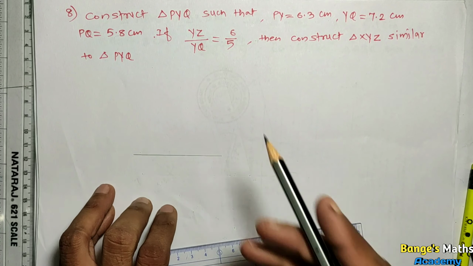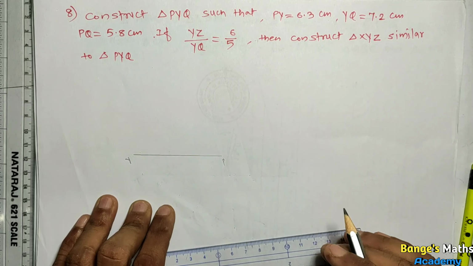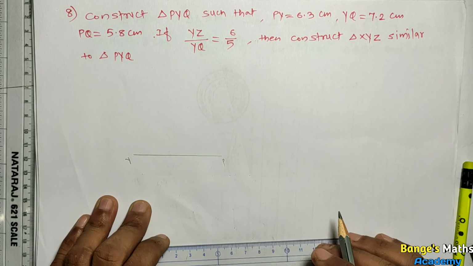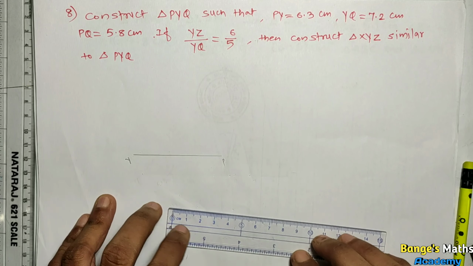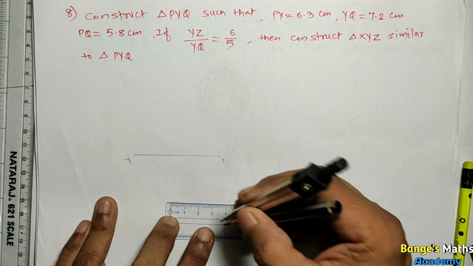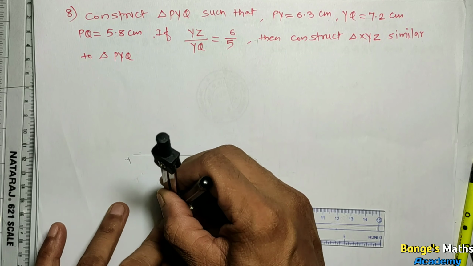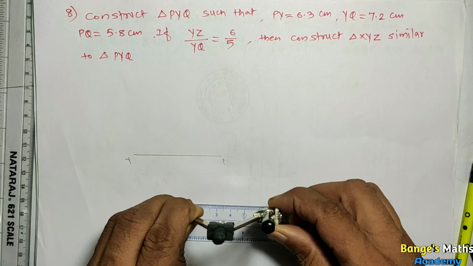Then YQ distance is given 7.2 cm. Take distance in your compass 7.2 cm.